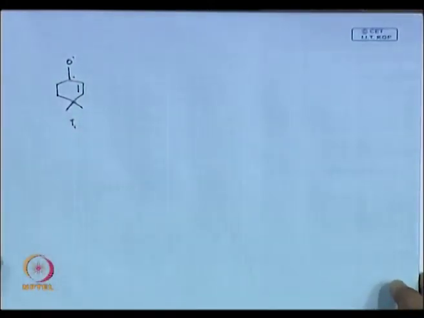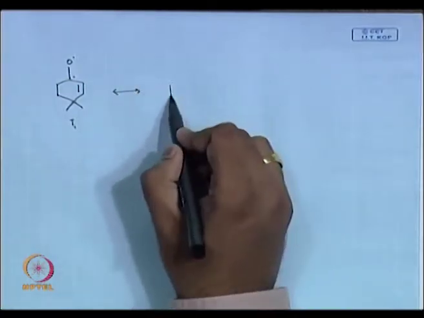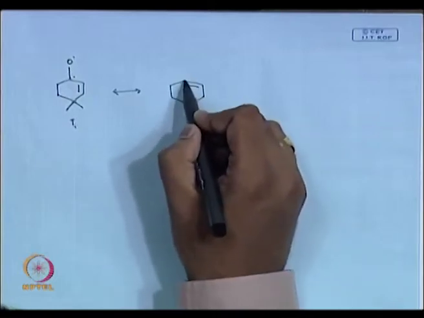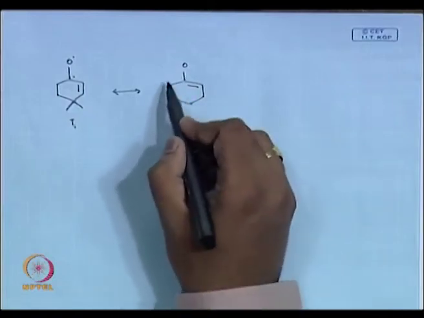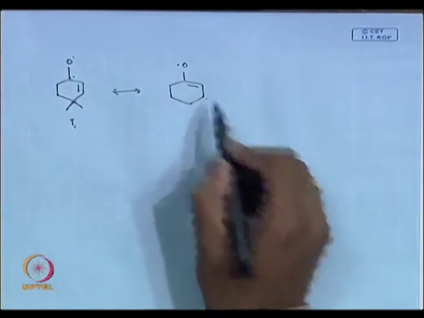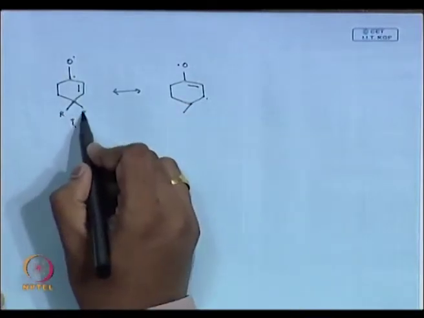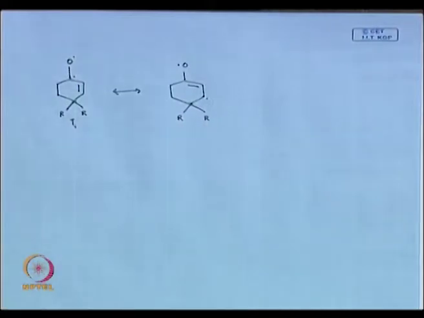Can I draw a similar structure, the stable form? Can I write it like this? Right, I can write it like this.